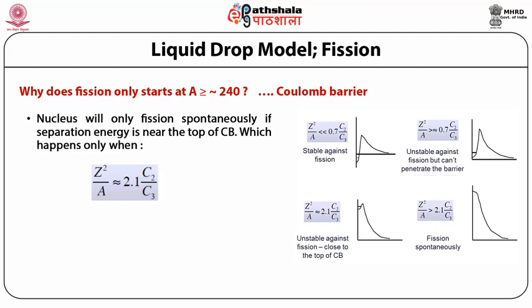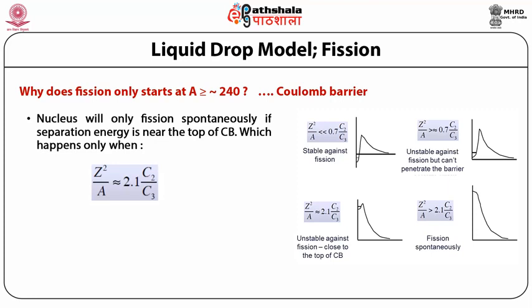In the second scenario, Z square by A is around 2.1 C2 by C3. In this case, the separation energy is close to the top of the Coulomb barrier. So these nuclei are unstable against fission. It means there are very many chances that the fission will happen. In the third scenario, Z square by A is greater than around 0.7 C2 by C3.